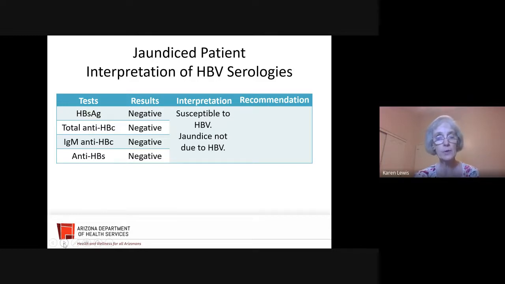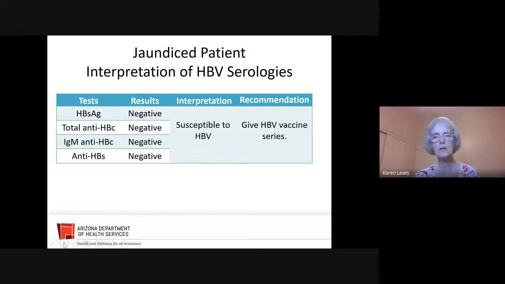They do not have protective antibodies, no antibody to surface antigens. The recommendation is they need to get the hepatitis B vaccine series, but the jaundice is due to something else, and so that needs to be looked for.